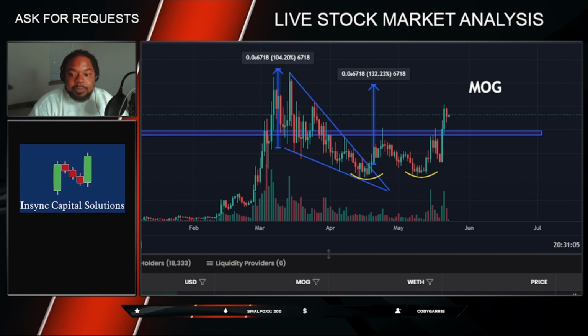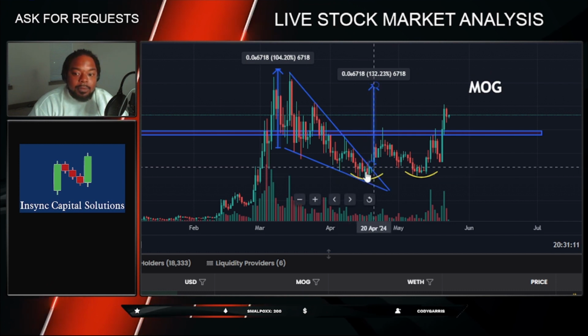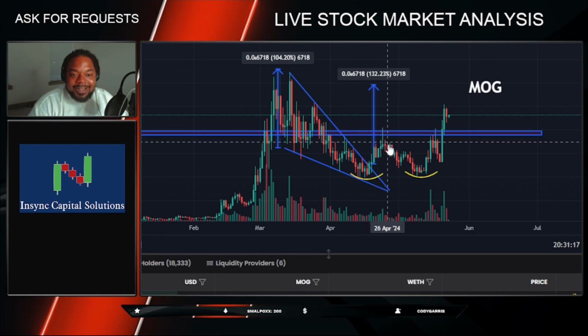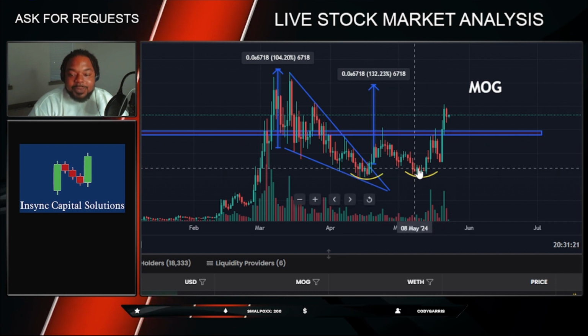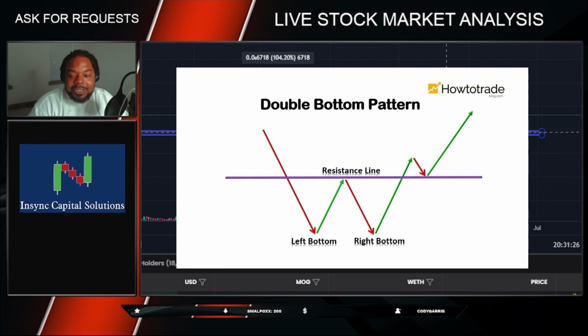Seller stepped in, pushed price back down. You came back down here to back test this low right here. You got the breakout. You went and back tested what was once resistance, that's resistance again. Seller stepped in, pushed price back down to back test this low, and that's when they confirmed that this was the bottom, and eventually pushed price through what was once resistance.